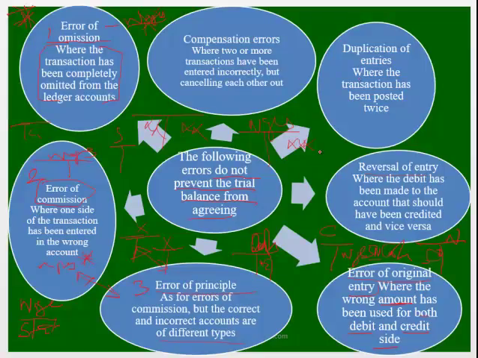Then the error of duplication of entry, where a transaction has been posted twice. Let's also take the example of wages. I pay cash, then I have wages. So maybe in June 2016, for example, we pay salary and we record the salary correctly, maybe in the middle of the month.